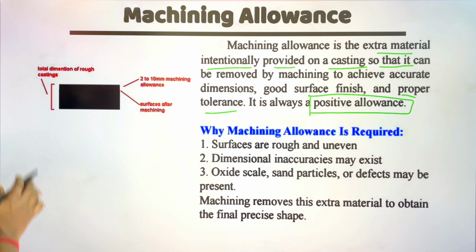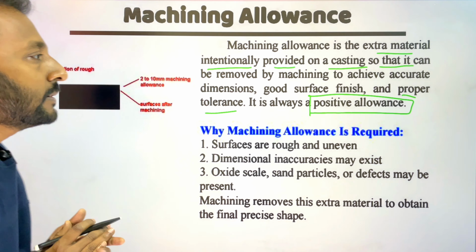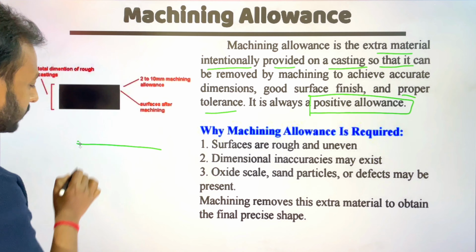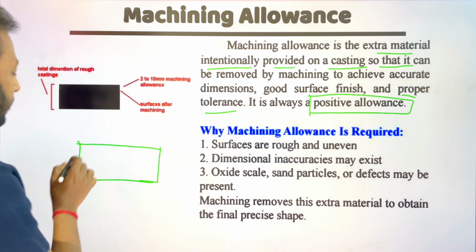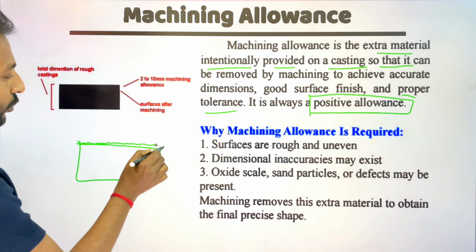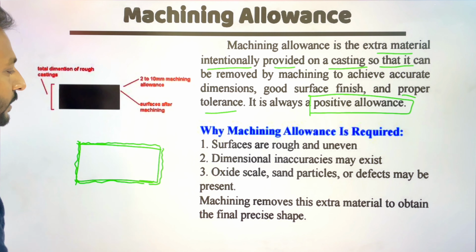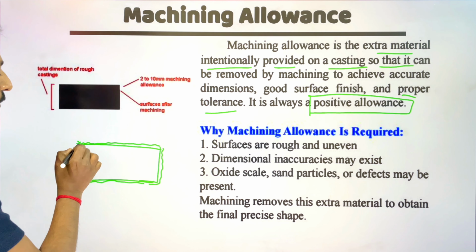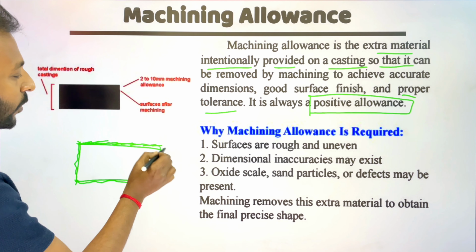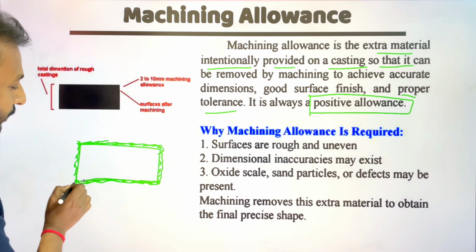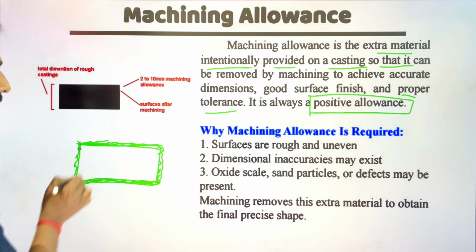So when we are creating a casting using the casting process, the product will be like this and the surface will be unsmooth, because we are doing sand casting. So we have to surface finish the uneven surfaces of the product. We have to smooth the surfaces.